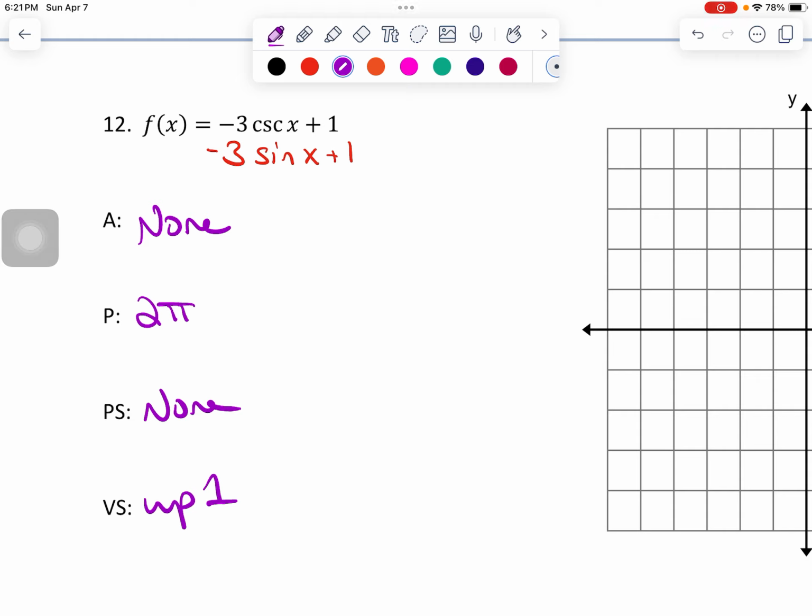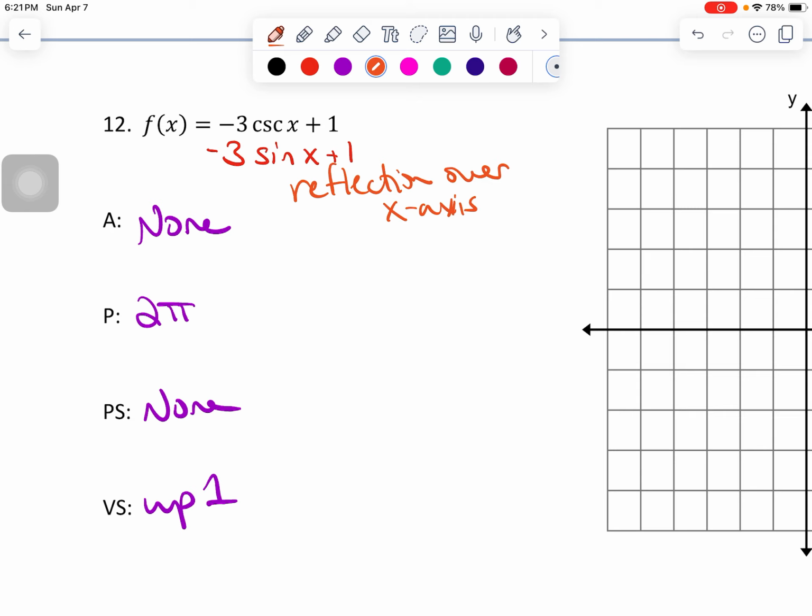Now, things to pay attention to. You do want to deal with this 3, and you need to deal with this negative. So what that's going to do is a reflection. Whoops. It helps if I can spell correctly. All right. Reflection over the x-axis. And the 3, for the sine curve, that would be an amplitude of 3.